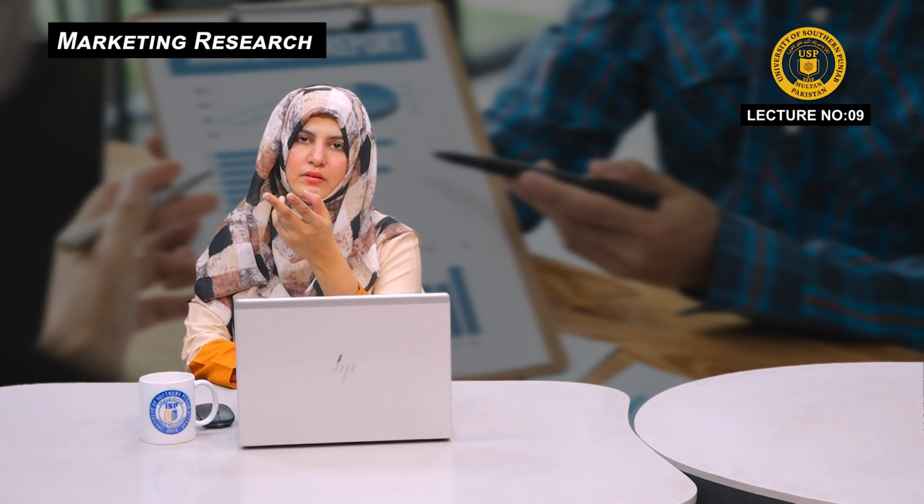Our second scale is the ordinal scale. The ordinal scale goes a step further. It not only categorizes but also orders the data. For example, consider a survey asking respondents to rank their satisfaction on the scale of very unsatisfied, unsatisfied, neutral, satisfied, or very satisfied.